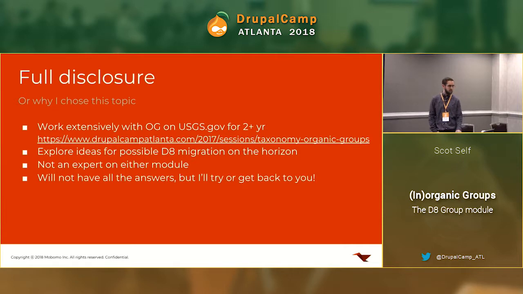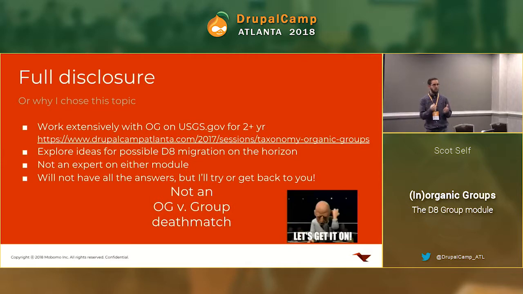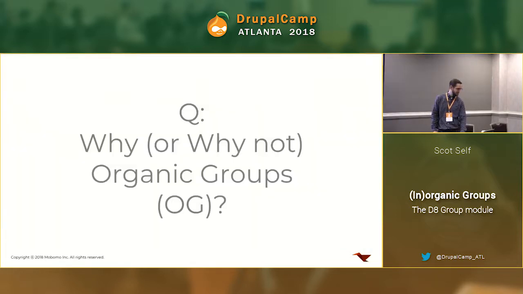I will not have all the answers. Just one more clarification that this is not like OG versus group, who comes out on top, who's going to win, who's the best. There are similarities, obviously, and we'll get into that, but the point is not who's better, just to get that out of the way.